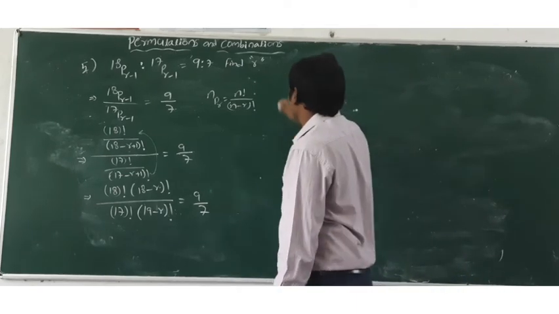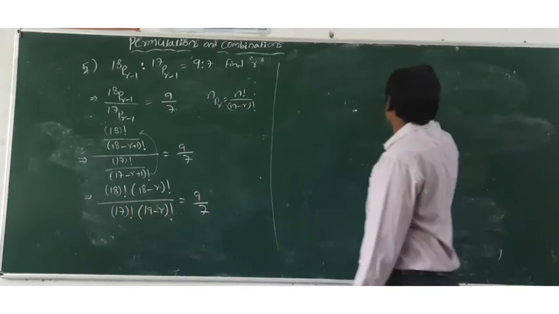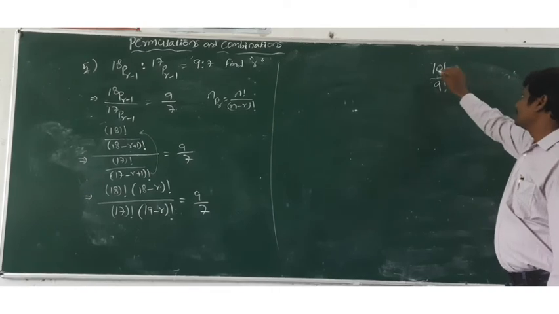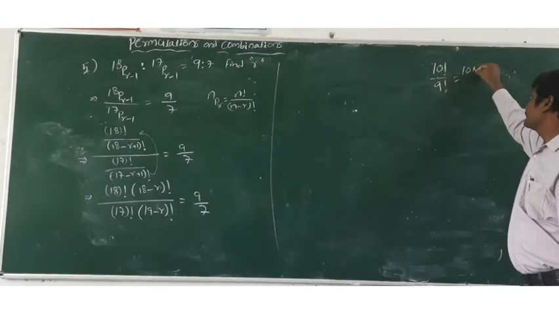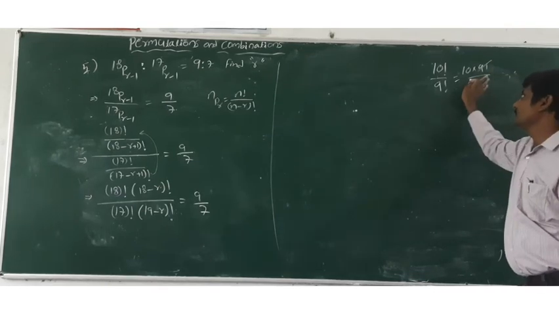Now simplify. In case of 10 factorial by 9 factorial, 10 factorial is written as 10 into 9 factorial by 9 factorial. Both are cancelled or simplified.